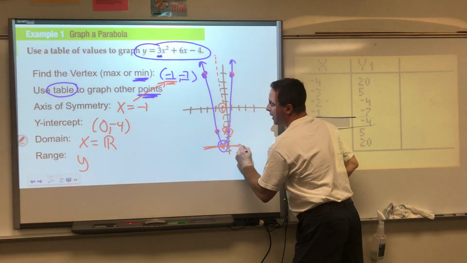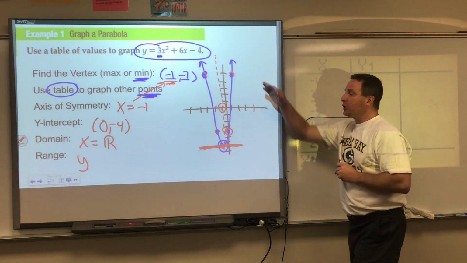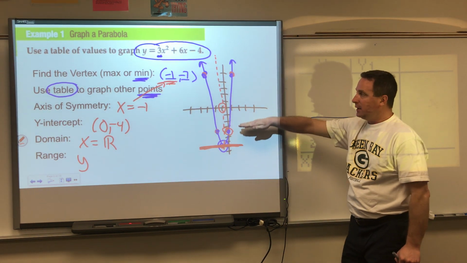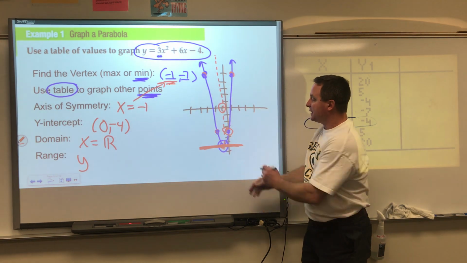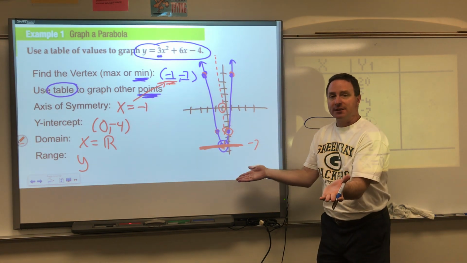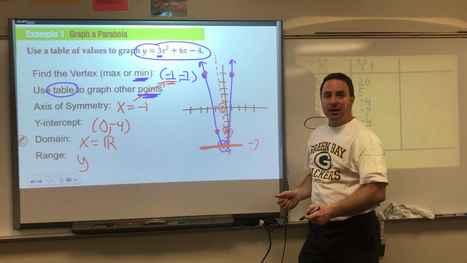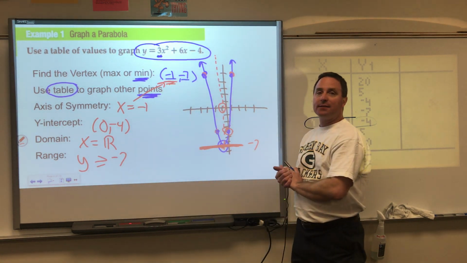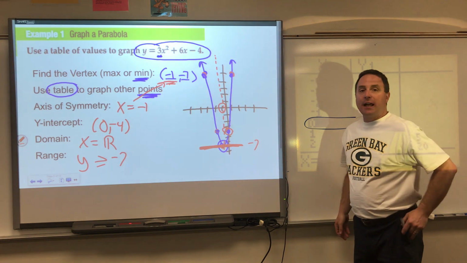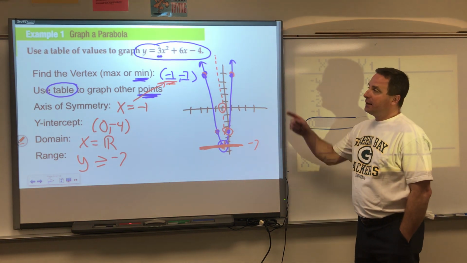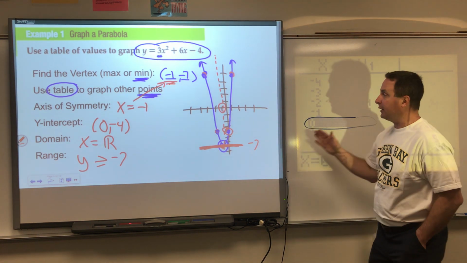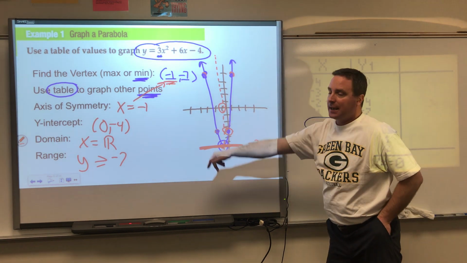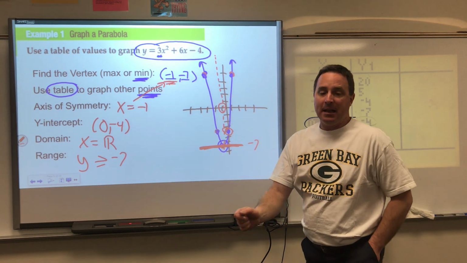And right down here, that's the lowest it goes, and the lowest it goes is -7. This graph exists everywhere above -7, so all the y values are greater than or equal to -7. So again, there's not a whole lot of fancy math here. It's just graphing it, using our calculator to find some points, and then labeling the different parts.